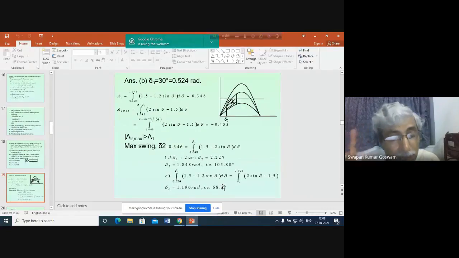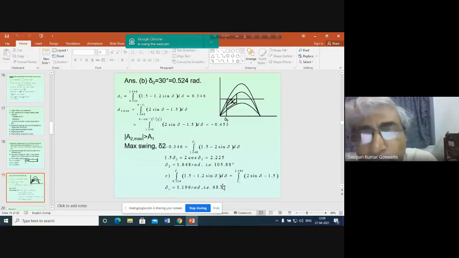That means there is a maximum permissible time at which or before which the fault must be cleared. That means the transient stability depends upon the fault clearing time as well. Whether the system will be able to maintain synchronism or not depends upon the speed of the protection system also.